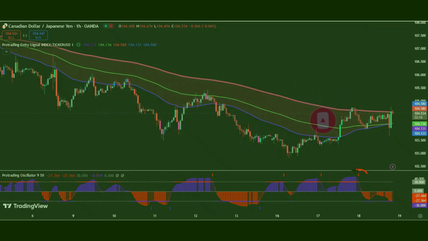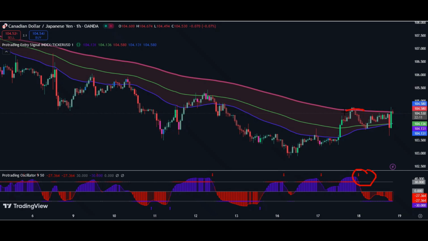From what you see here, you have a signal, but if you look, the price is trading within this zone. So once the price is within this upper zone, it means we are no longer in a safe area, because if we take any trade here, there is no local point for us to put our stop loss. So this is not a valid trade. We will not take this kind of trade because it's against the rule of this strategy.